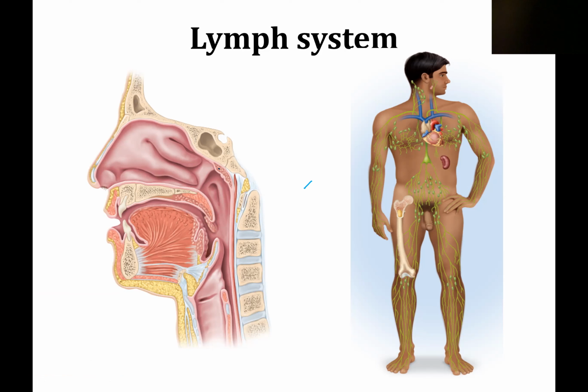And so you have three kinds of tonsils. This is one of the pharyngeal tonsils. This is one of the palatine tonsils. And those are the ones that we typically think of when we think of the tonsils.